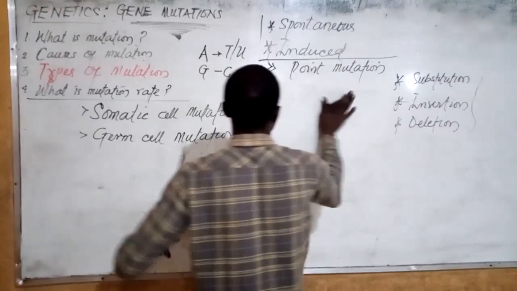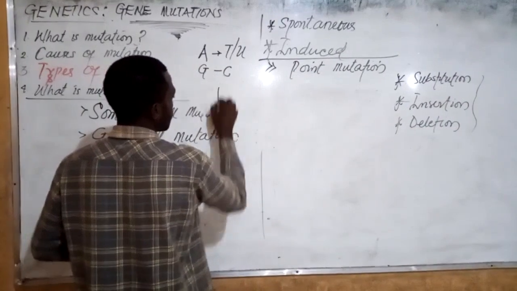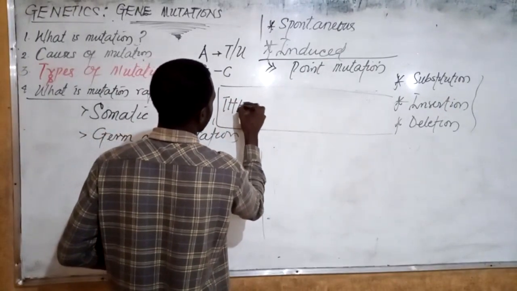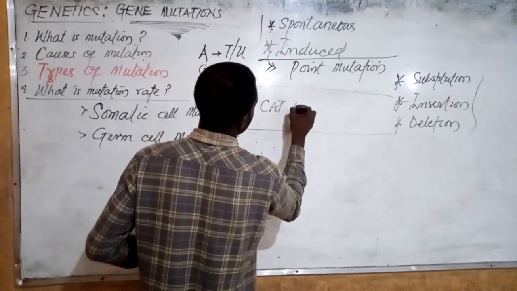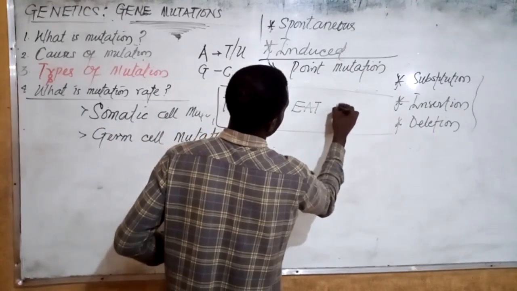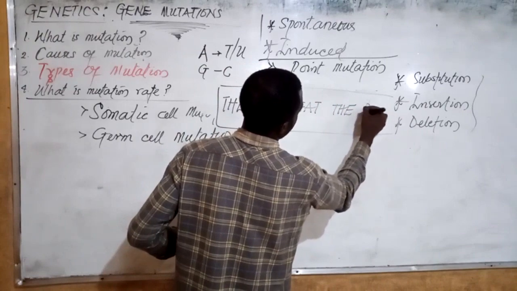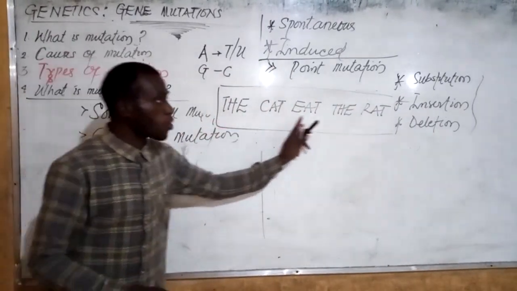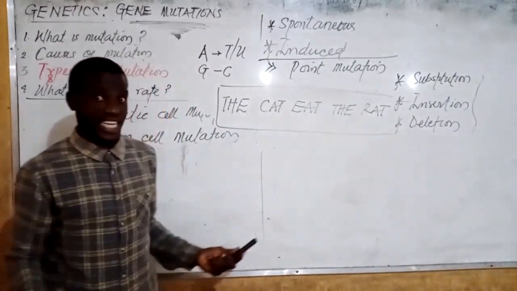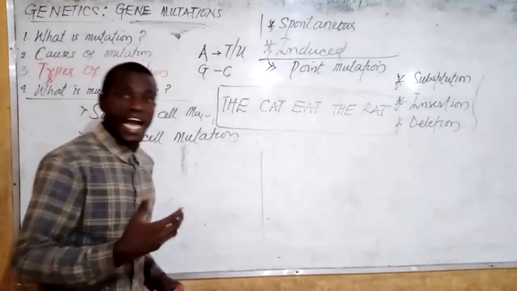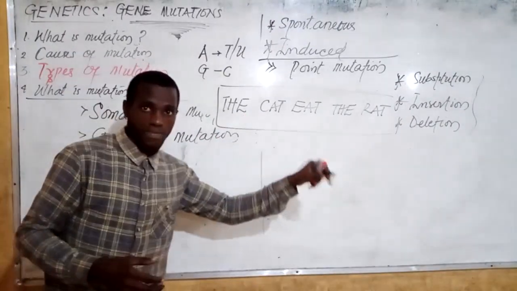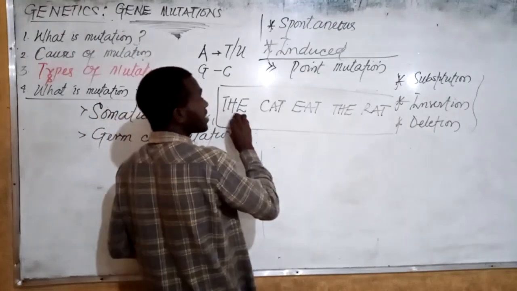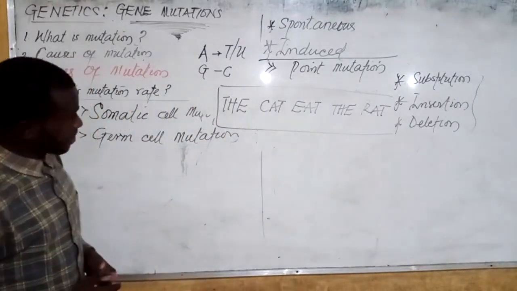Let me write it clearly. For example, the cat eats the rat. All right, so for example, this is the sequence. These are the codons of, let's say, the DNA. Now, the RNA polymerase wants to transcribe this into the messenger RNA.